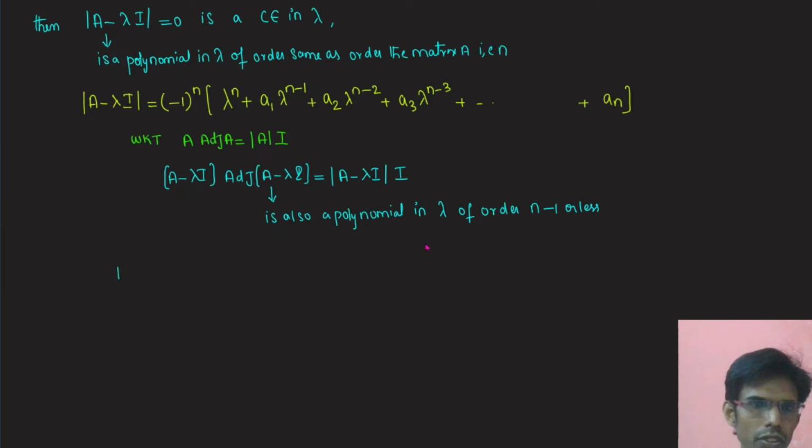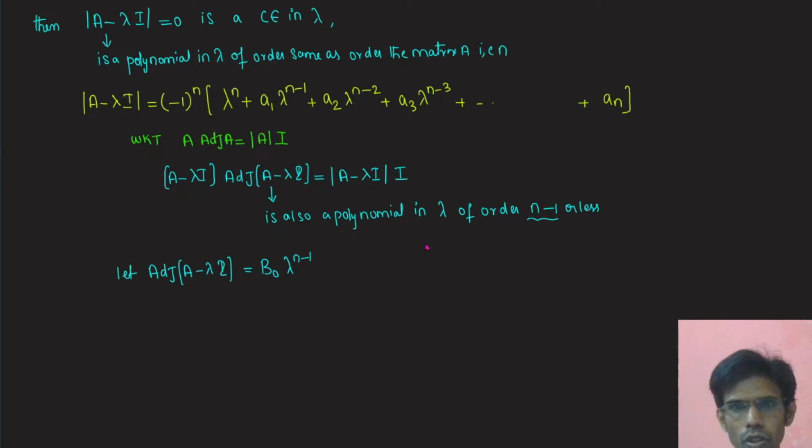Let us take this adjoint of A minus lambda I polynomial as b0 lambda power n minus 1. Since order is n minus 1, the highest power is n minus 1. So b0 lambda power n minus 1.